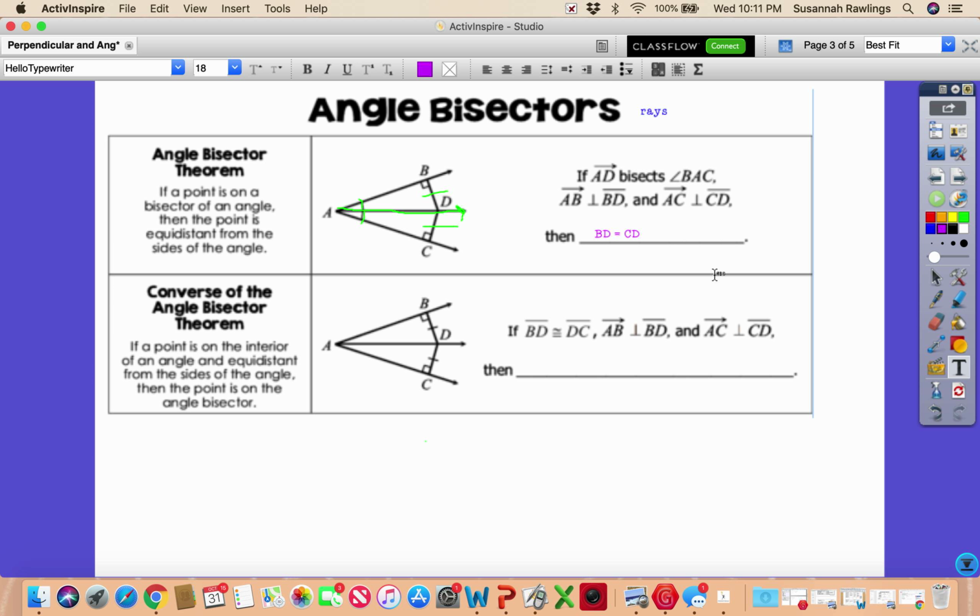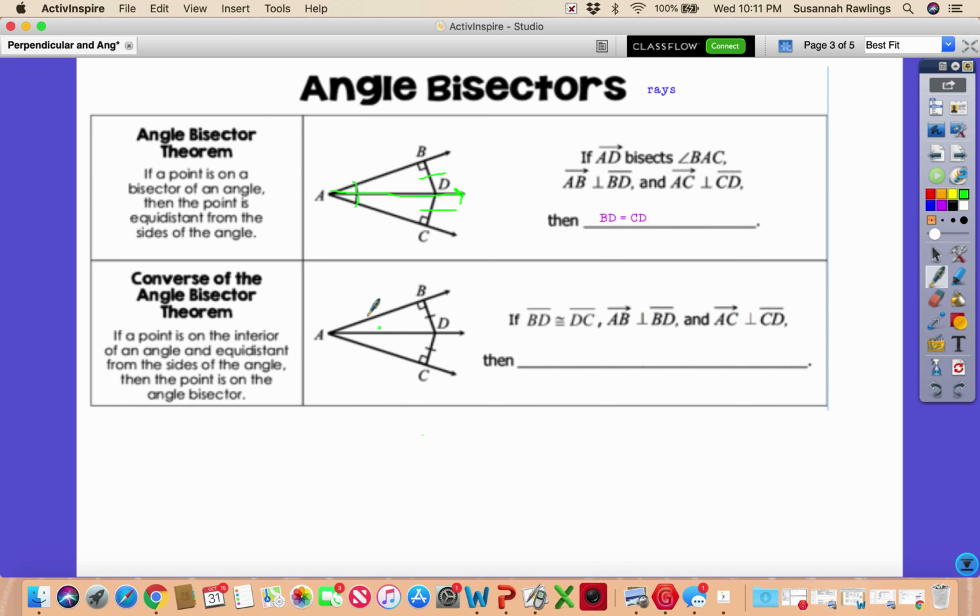Same thing goes here. If I have these equal parts down here, then I can say that this is an angle bisector. So therefore, we can mark my angles as congruent, and we can say that AD is an angle bisector.